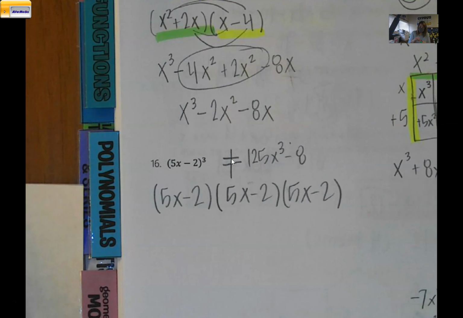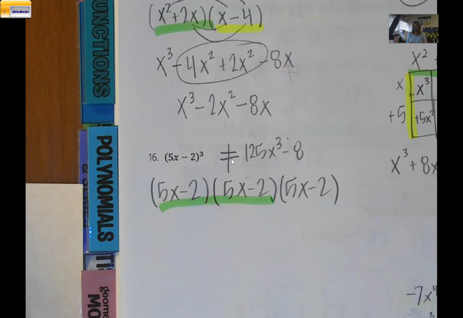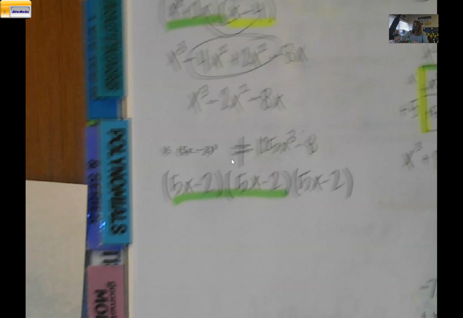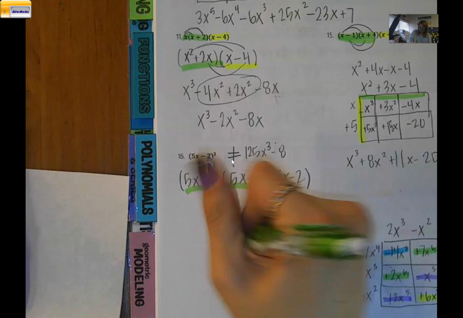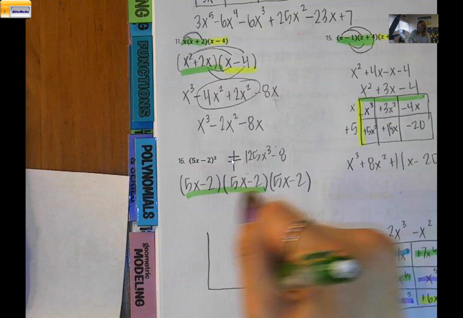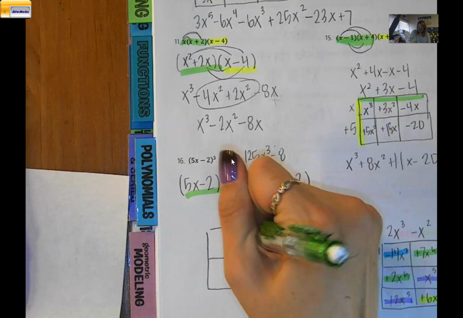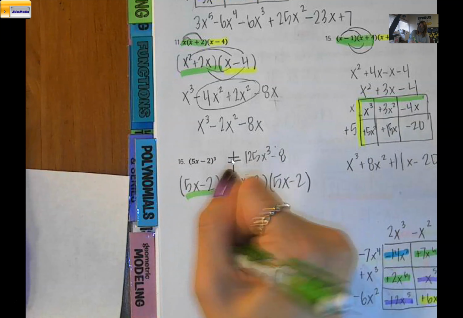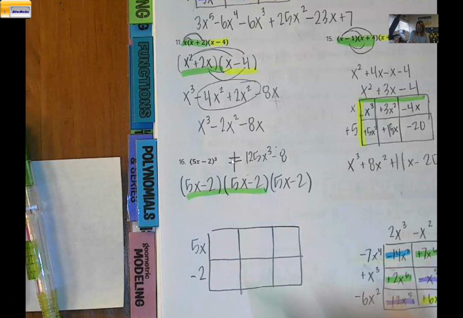So you're going to multiply these two together first. Once you have that, you're going to make the box or double distribute, whatever you prefer. And you're going to put that last 5x minus 2 down the side.